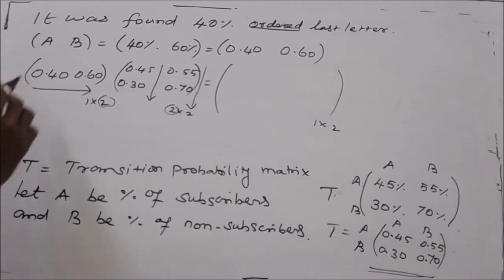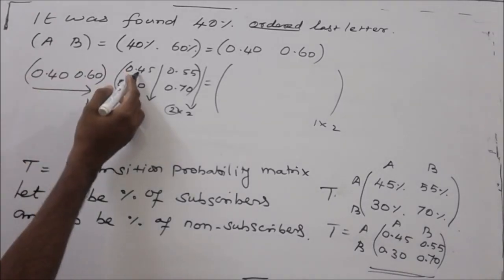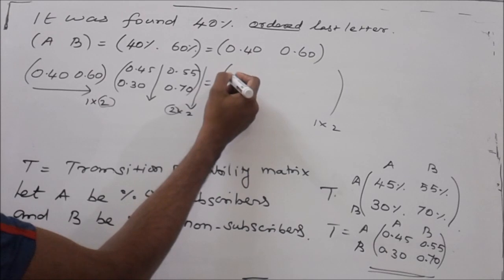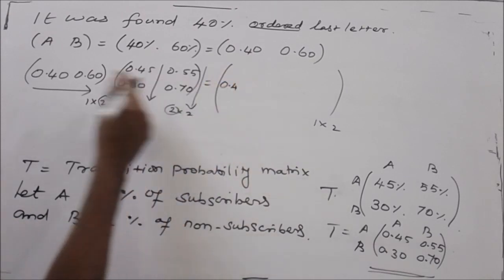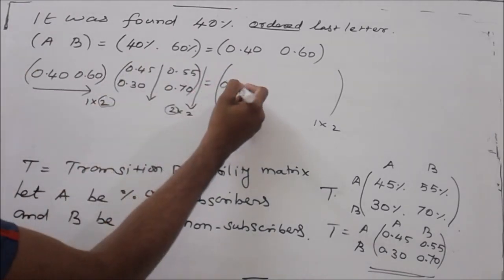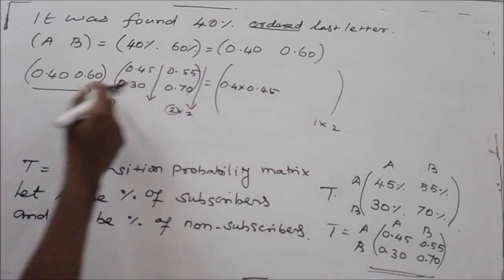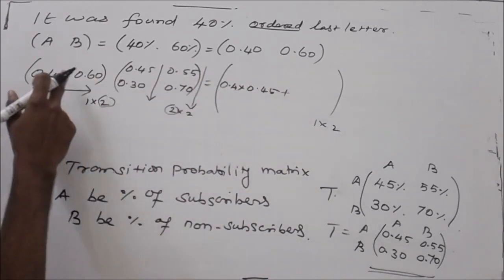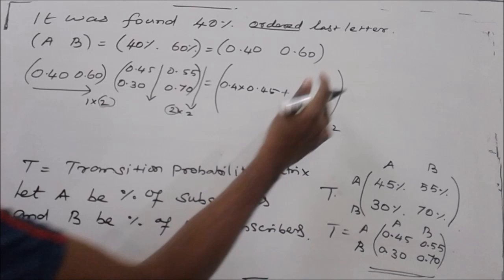So multiply now. 0.4 into 0.45 plus 0.6 into 0.3.